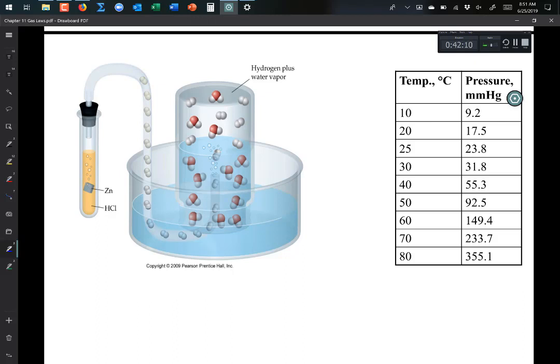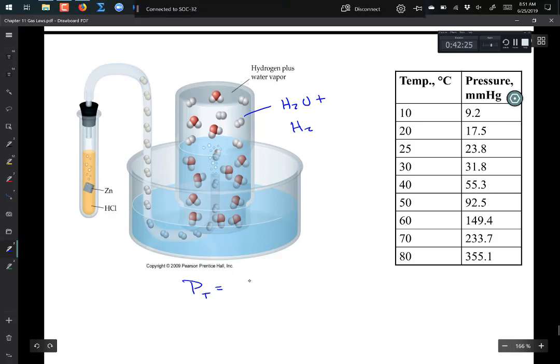And the gas at the top is H2O plus hydrogen. So what that means is that the pressure inside that container is the pressure of hydrogen plus the pressure of H2O.